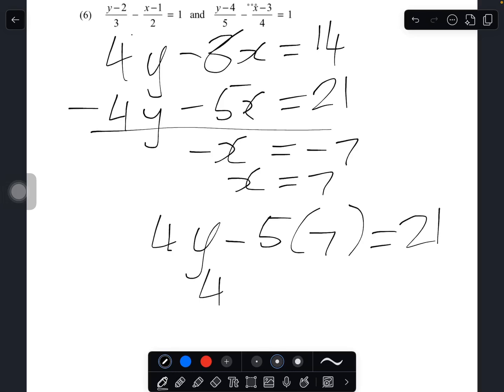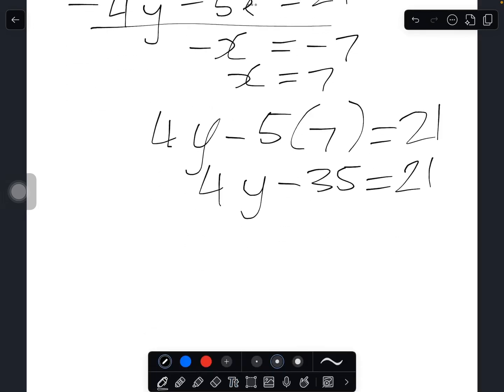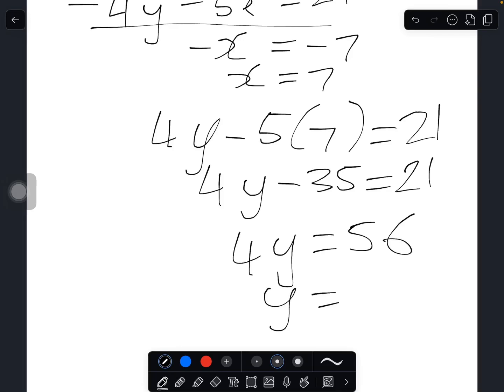And then I'll have 4y minus 35 equals 21. And that will then leave me with 4y equals 56. Okay, and then if you put that into your calculator, you'll see that y equals 14.